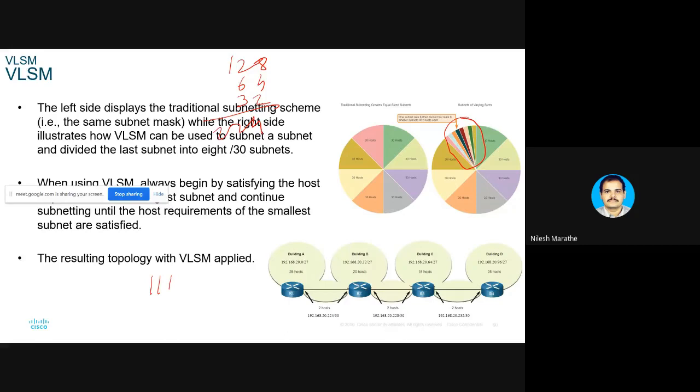So we will talk about the block which is going to start from 224. So the subnet mask will be 11100000. Let me talk about this last octet. How many subnets do we want here? 3 subnets only, for the 3 WANs.